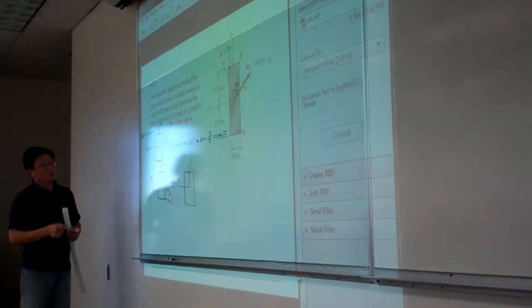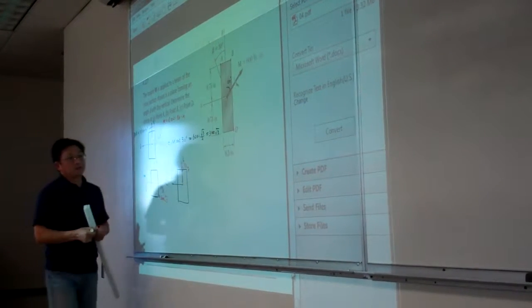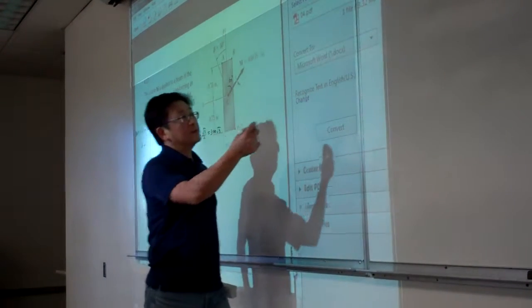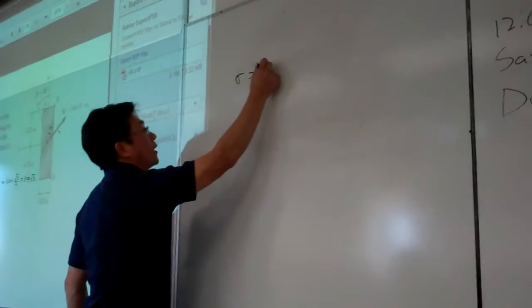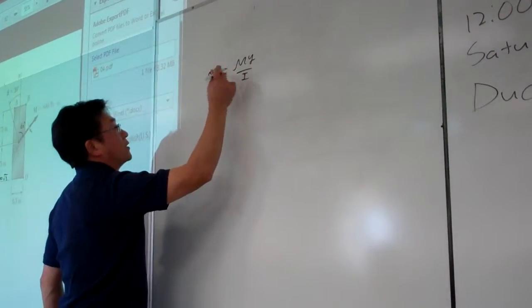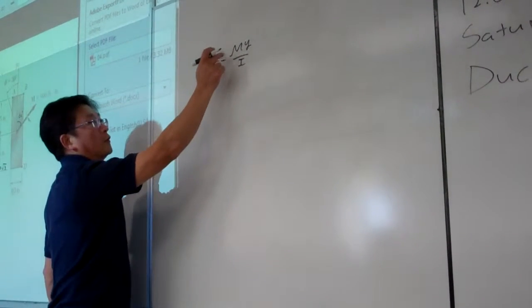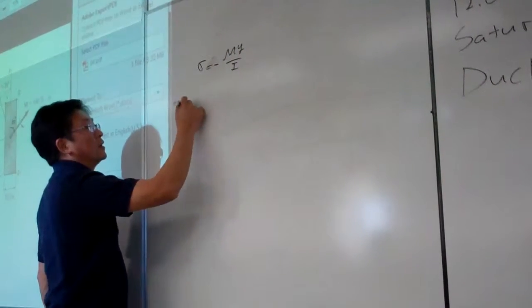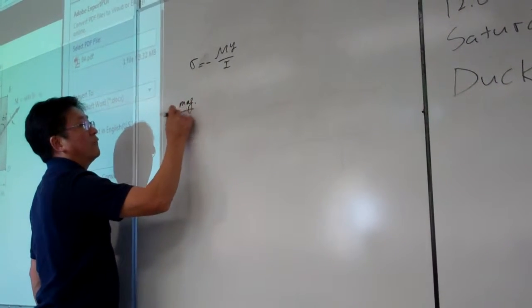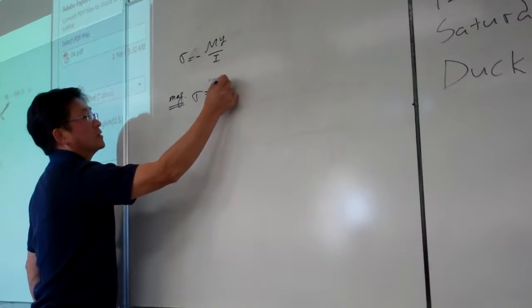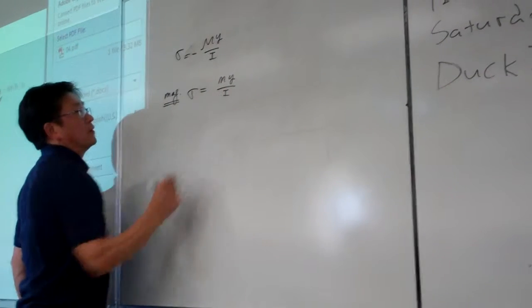Okay, so that is the case. And now again, remember our generic formula is sigma equals My over I. And here, if you want to use the minus, then basically sign convention goes to M and goes to y. If you only focus on the magnitude, it is My over I. Okay, like this.